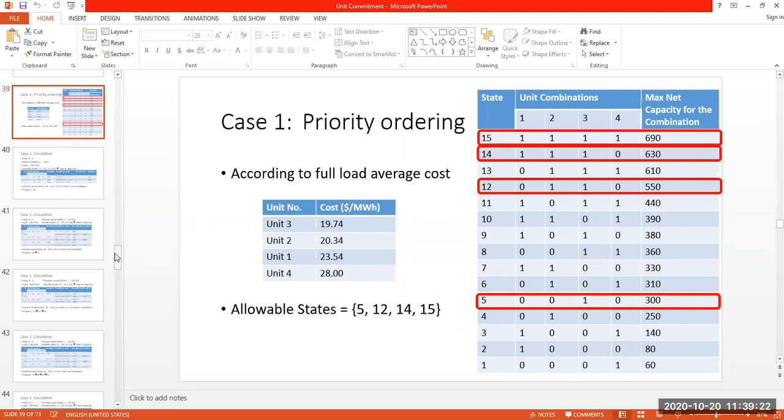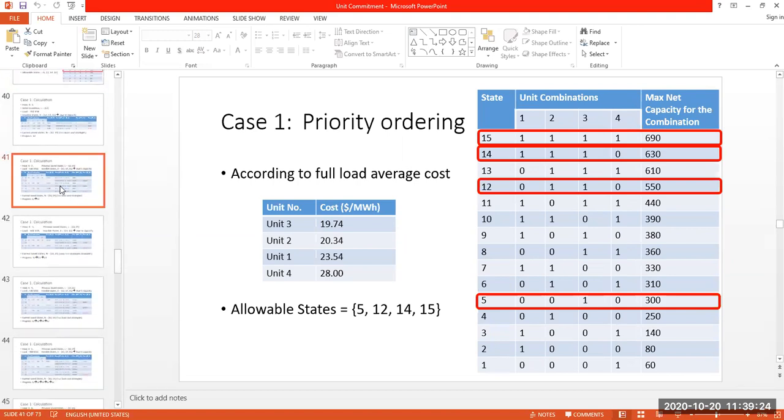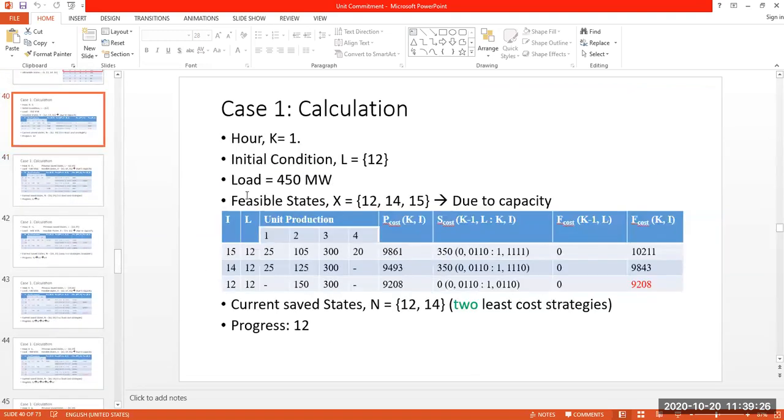This is the difference between allowable state and feasible state, in short. So we list these 3, 12, 14, and 15. Why are these feasible? Because state 5 can't satisfy your demand.